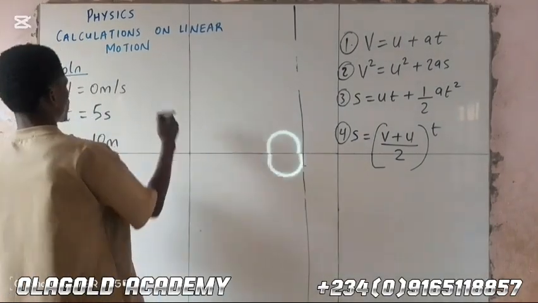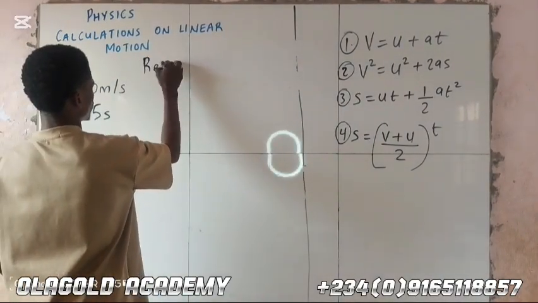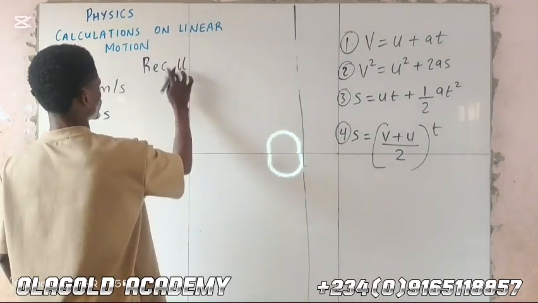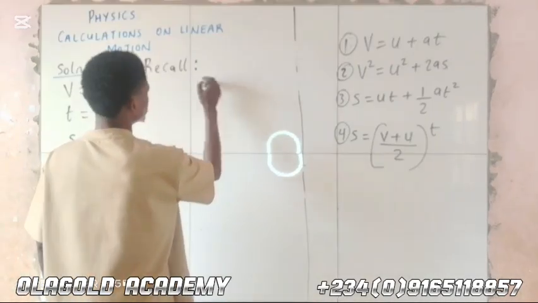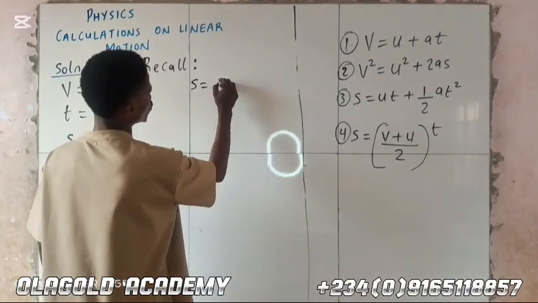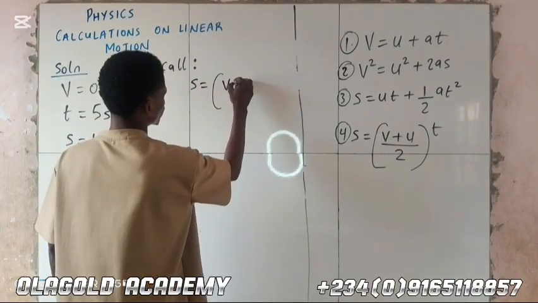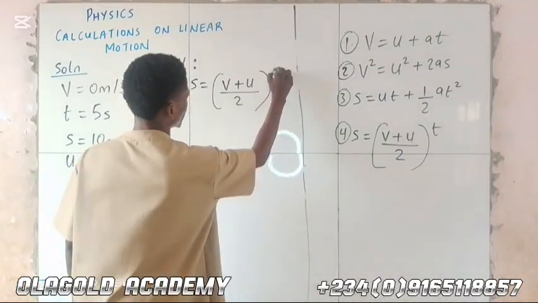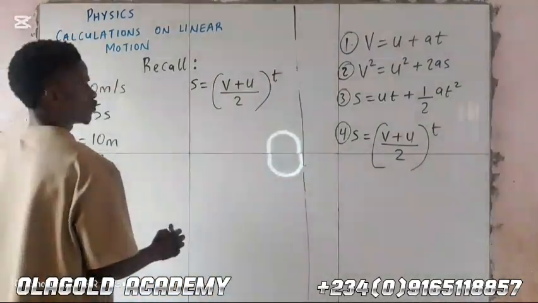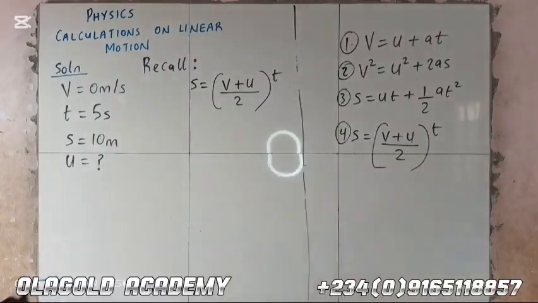So now, let's recall that distance equals final velocity plus initial velocity over 2, multiplied by t. From here, the distance is 10 meters.